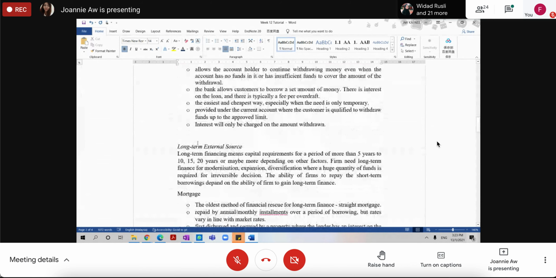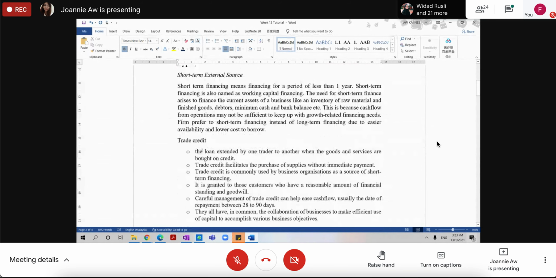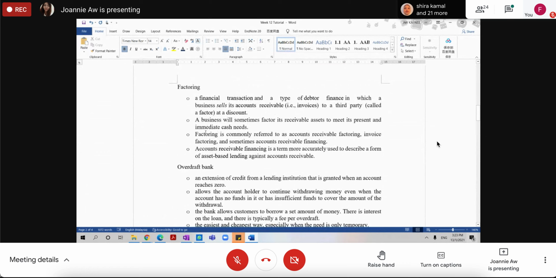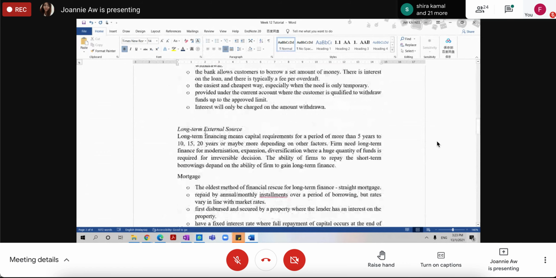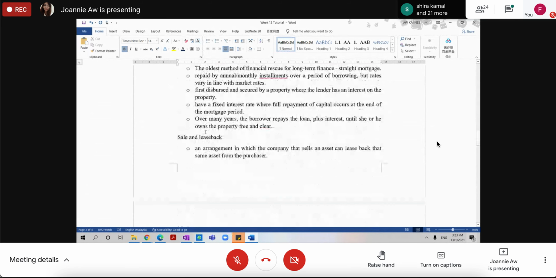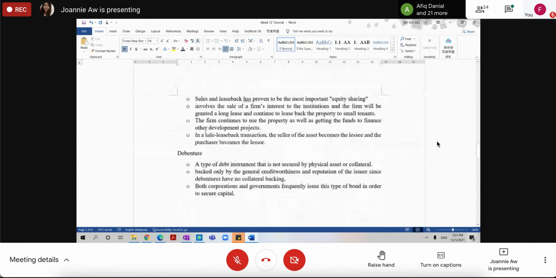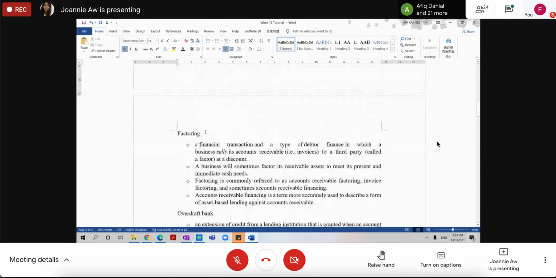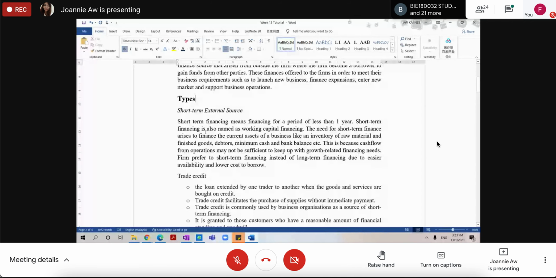Under short term, I explained three types of short-term external finance, and also under long term, I explained three types.